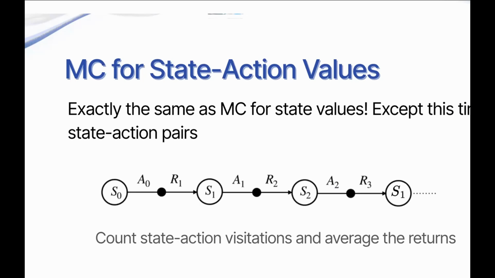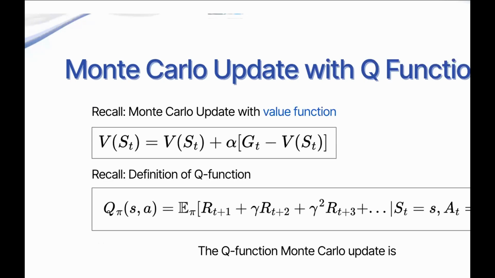Recall the definition: the Monte Carlo with the value function is this, and the definition of Q is the expected value of the return. Notice that this is still the return, but now it's depending on an initial action and an initial state rather than just the initial state. So you can directly substitute this. This is the Q function Monte Carlo update.